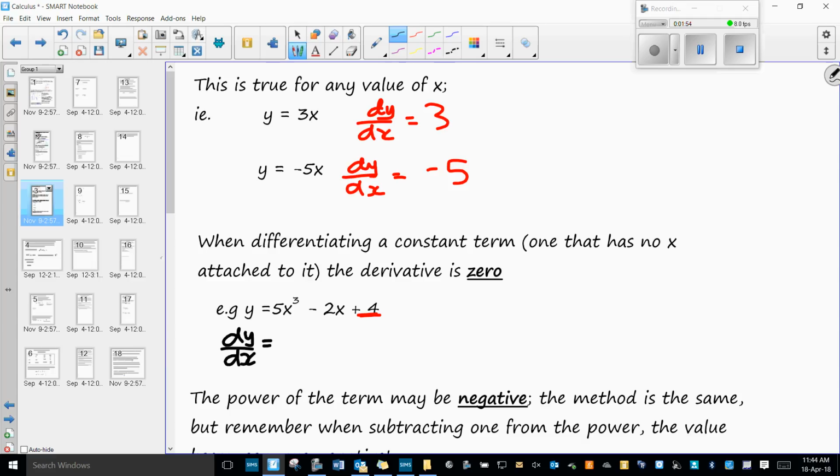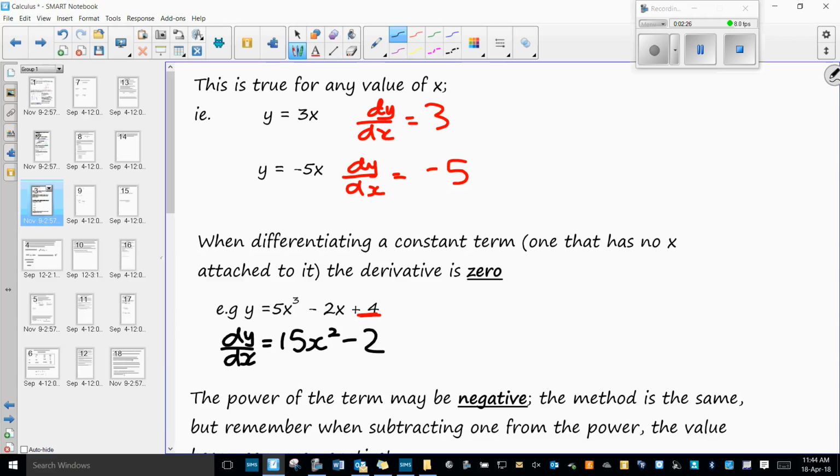That would be 15x squared. Nice. What would the next term be? Negative 2. Nice. And then I just said the plus 4 disappears completely, so that's my derivative of that expression. So when there is a constant term, just a number with no x attached to it, then it disappears completely. Okay?